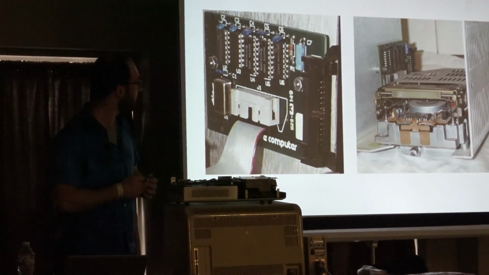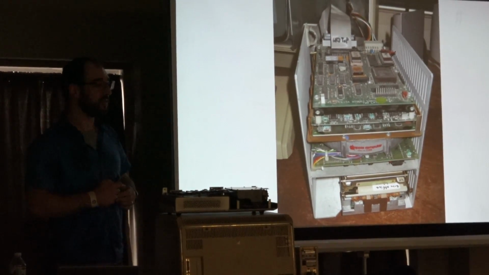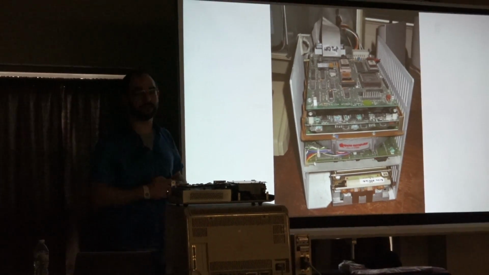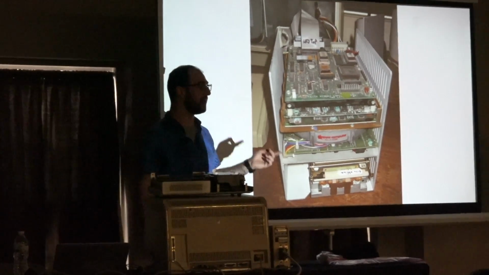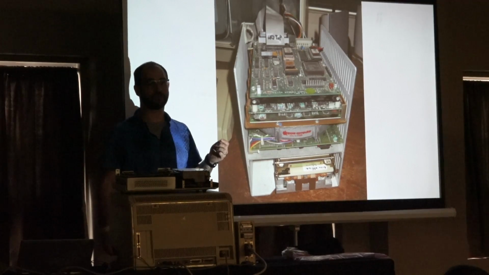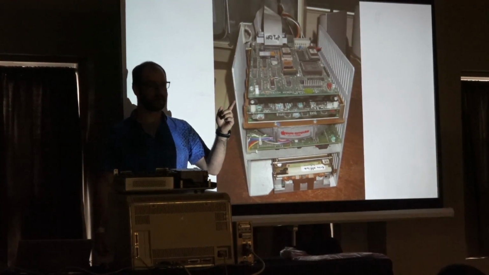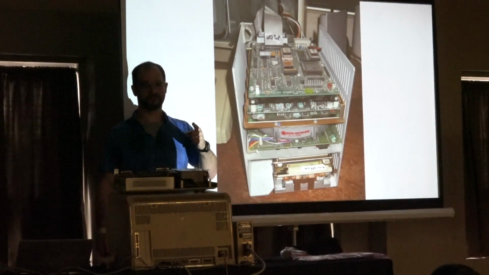So on that Lisa 2/10, we got another product from Apple's disk division. They manufactured their own hard drive. It's a 10 meg disk. It had a voice coil actuator, an optical head position encoder, and automatic servo tracking on the disk.